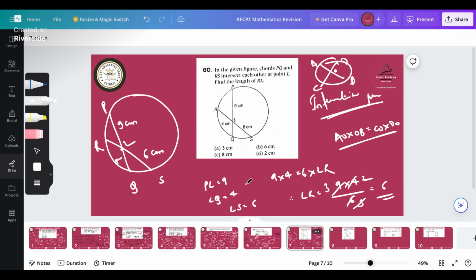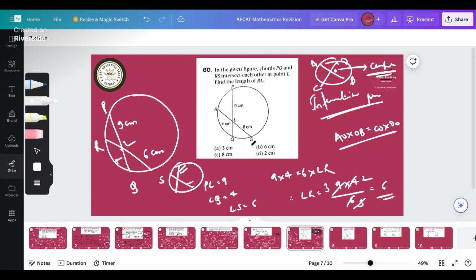You got to remember this formula. In any circle, if there are two chords, even if it's not your center, I'm talking about that. These two are chords basically, right? PQ and RS are the chords.